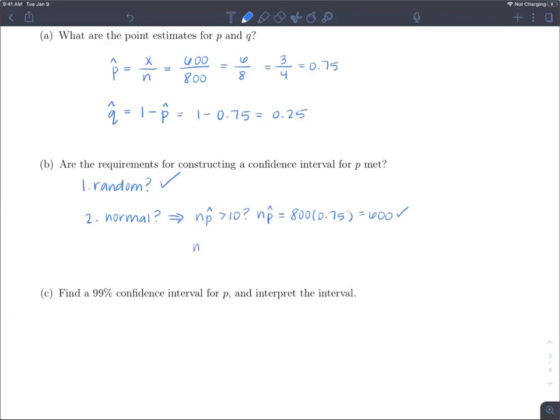And then I also need to check that n times q hat is greater than 10. n times q hat is 800 times 0.25, which gives me 200. So the requirements are satisfied. So yes.